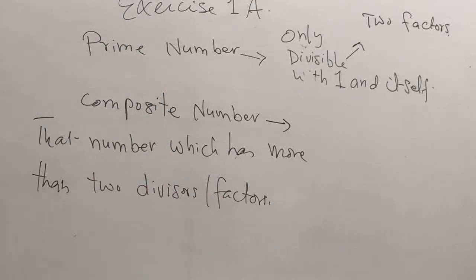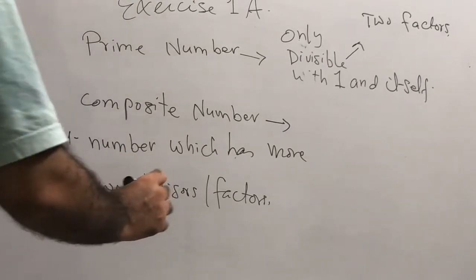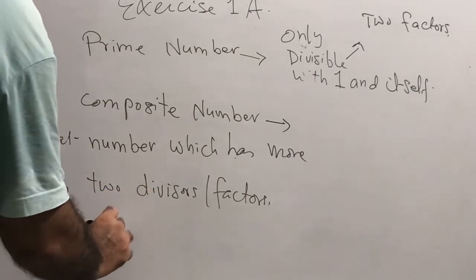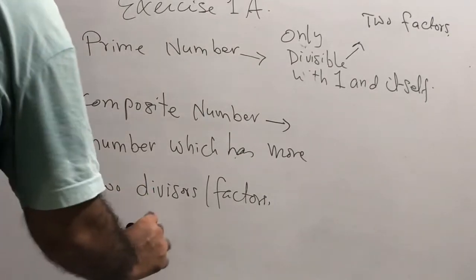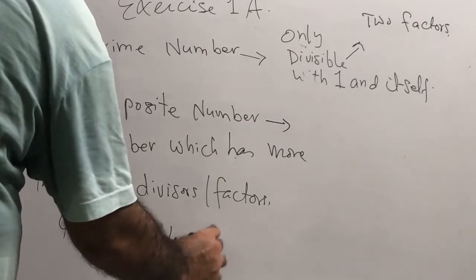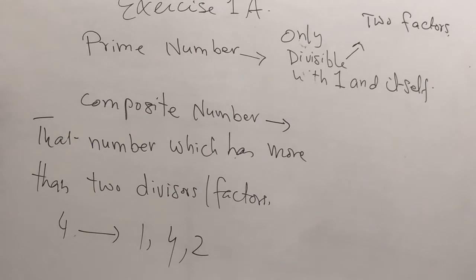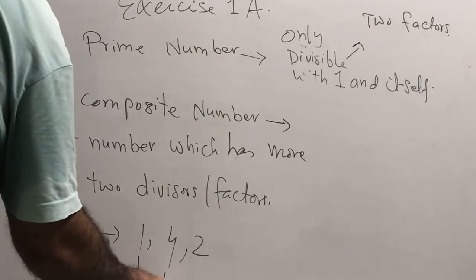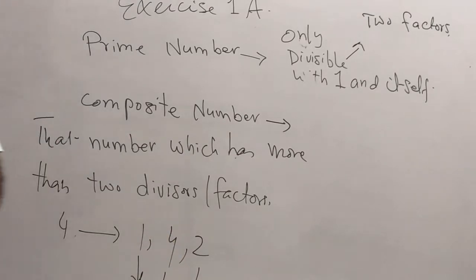Like if we say 4 is a number, we can divide it with 1, we can divide it with 4, and we can divide it with 2. 4 1s are 4, so 4 is a factor, and 2 2s are 4, so 2 is a factor. So it has more than two factors: 1, 2, 4. So it is a composite number.